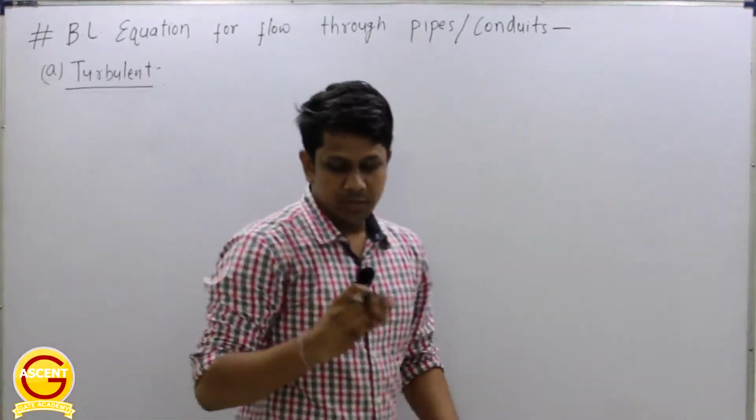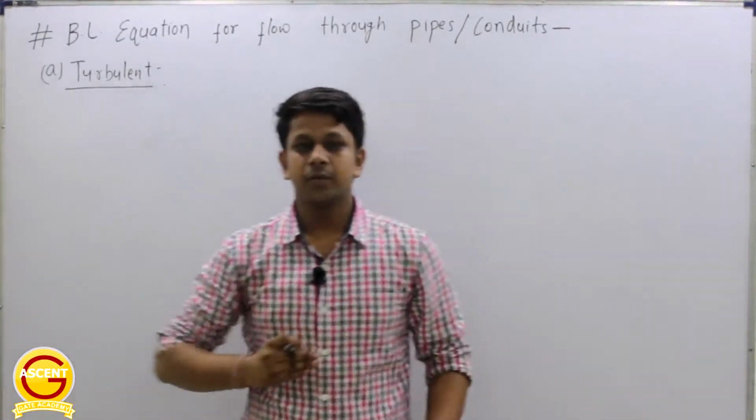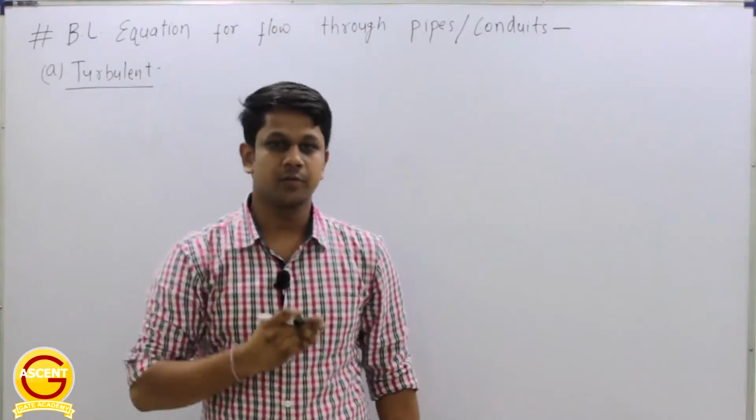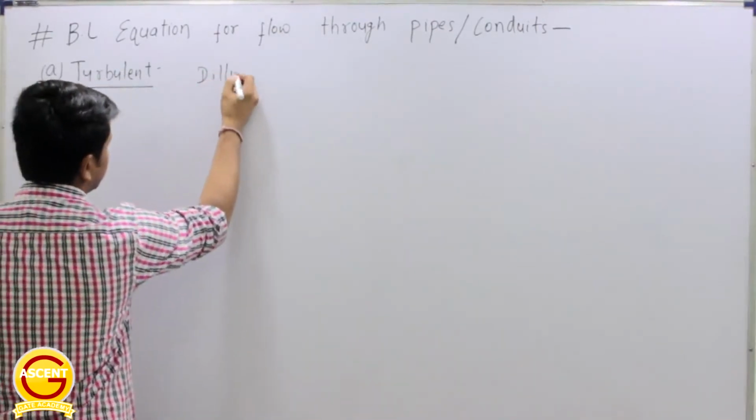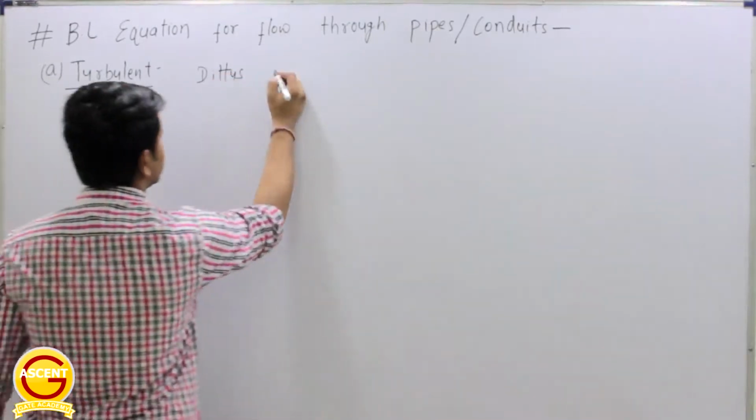In case of turbulent flow, this boundary layer equation is given by the Dittus-Boelter equation. It is named after the scientists who gave this equation.